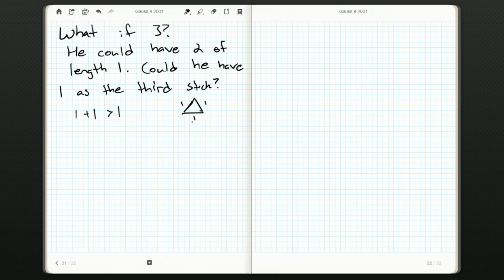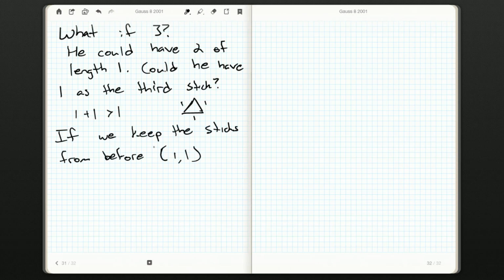Okay. So I like the 2 sticks from before, a length 1 and a length 1.